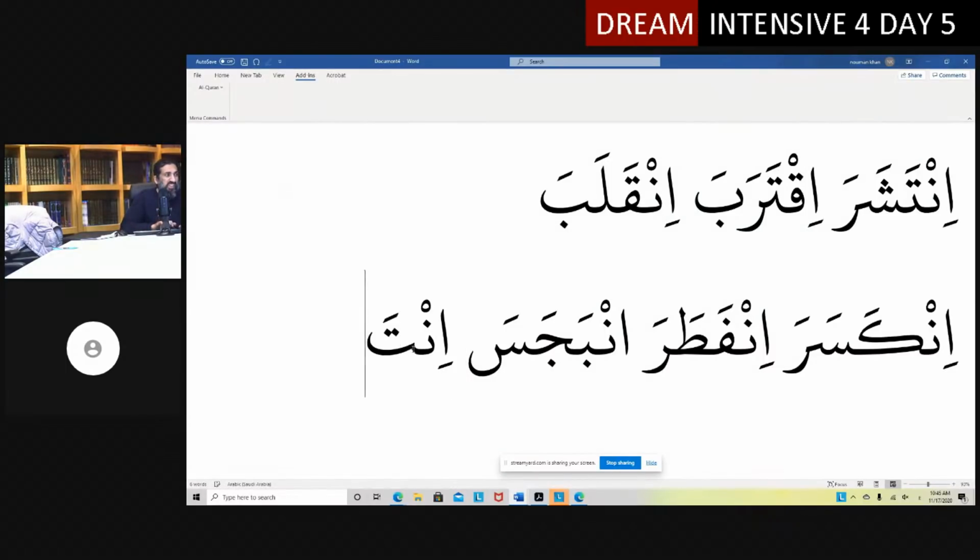Intaqama is a good example. Based on what I just said, intaqama would not be the inqalaba family. You know why? It's got a ta in it. That's why it's the iqtaraba family. So the only time these two can be confused with each other is if you got an in, but it's still the iqtaraba family. And the only way to solve that confusion is that the ta will give away that it's the iqtaraba family.